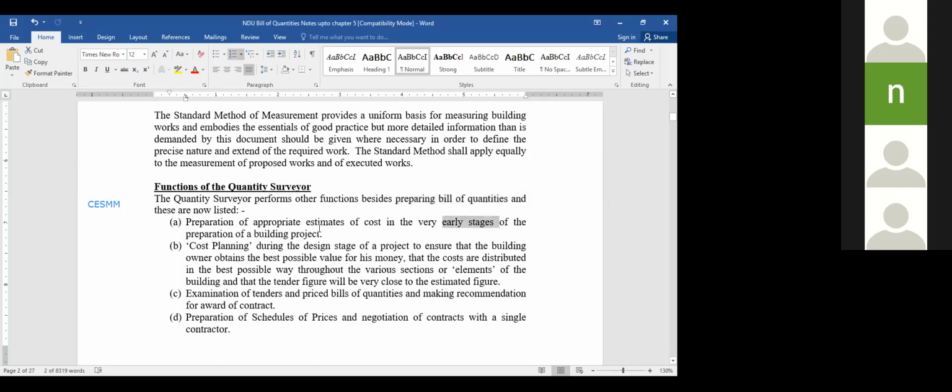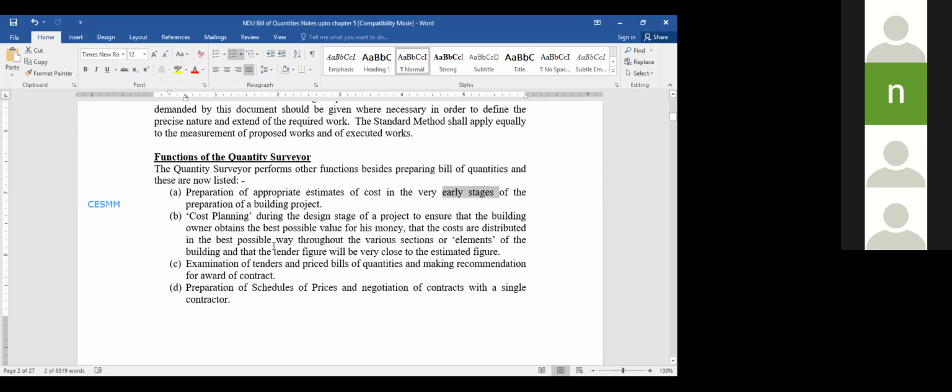The quantity surveyor, or the QS, is responsible for preparing these estimates. Then we have cost planning during the design stage of a project to ensure that the building obtains the best possible value for money. And then we have examination of tenders and prices of quantities, and making recommendations for a way forward on the contract.